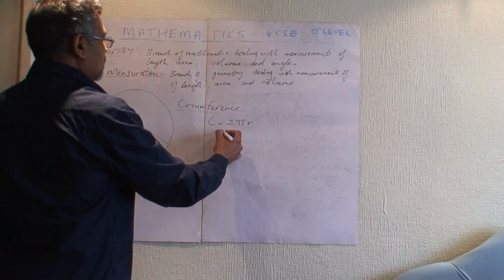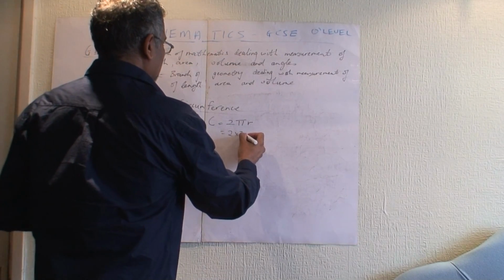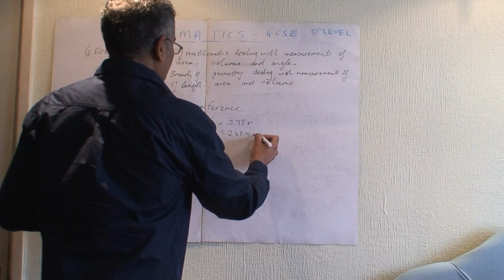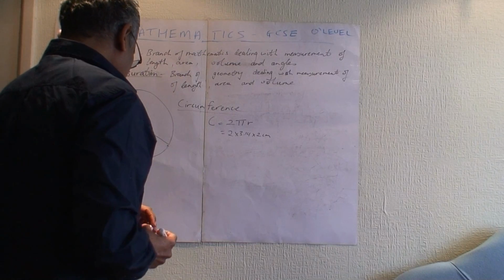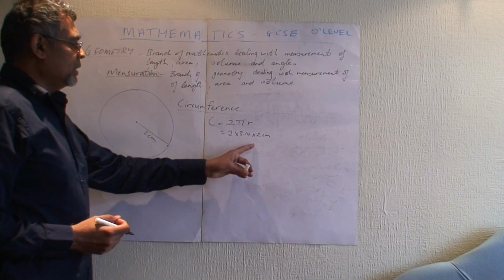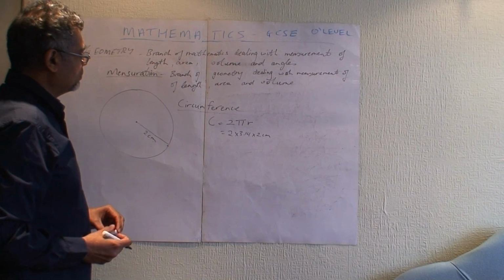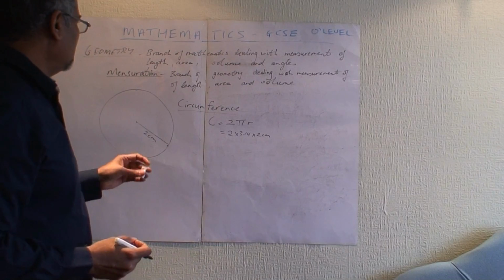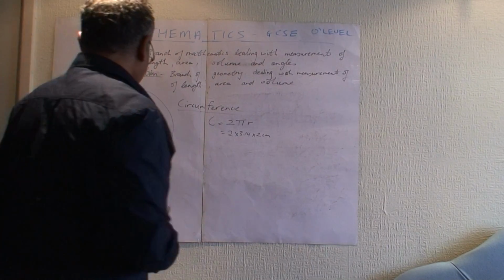So we multiply by 3.14, multiply by 2 centimeters. You work it out on a calculator, and that tells you what is the length of the circumference.